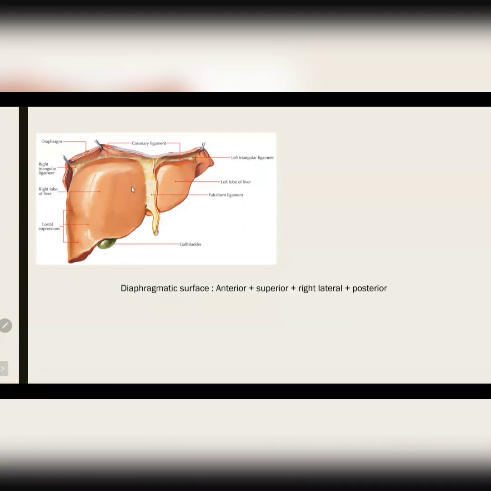So the anterior surface, the superior surface, the right lateral surface, and the superior most portion of the posterior surface are all continuous with no clear demarcation. So we call all of these surfaces together the diaphragmatic surface of the liver.